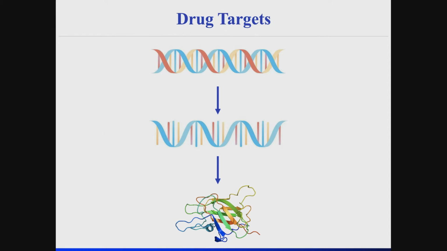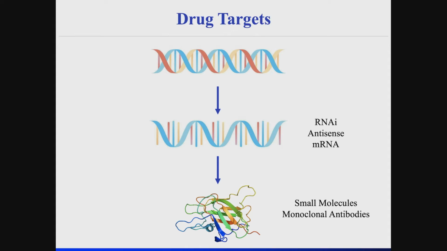So from the point of view of a drug developer, each one of these levels of molecules represents a drug target. The majority of drugs that are currently used in the clinic target at the level of proteins. So we have small molecules that bind to, typically in the active site of an enzyme, to inhibit its function. We have monoclonal antibodies that bind to particular protein targets outside of the cell and often inhibit their function.